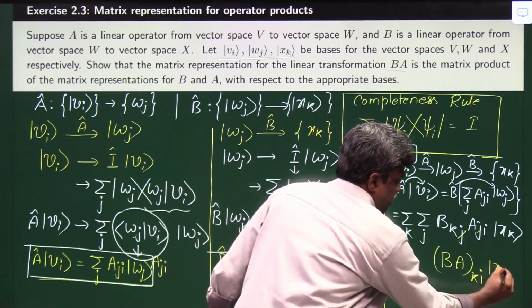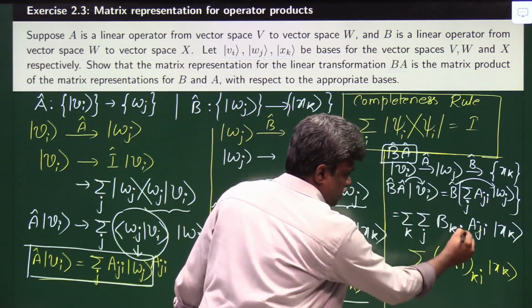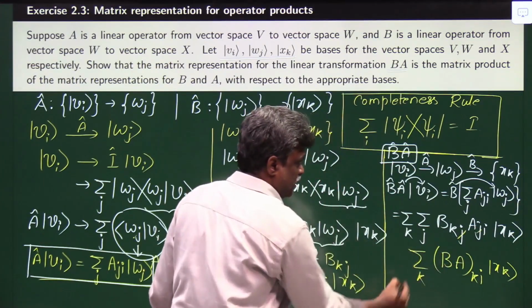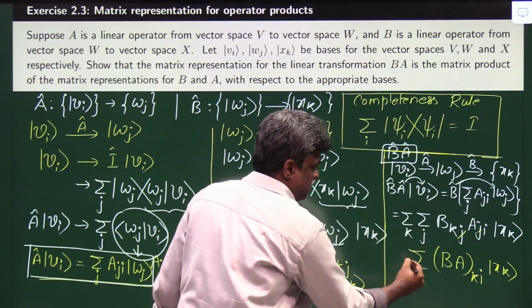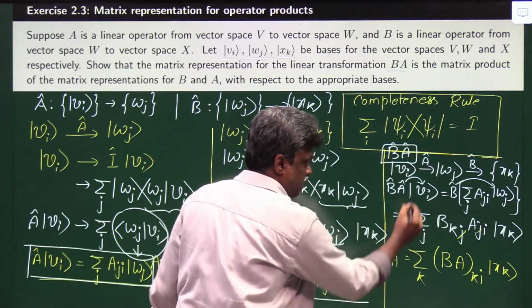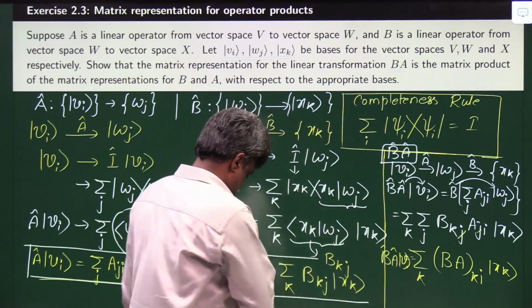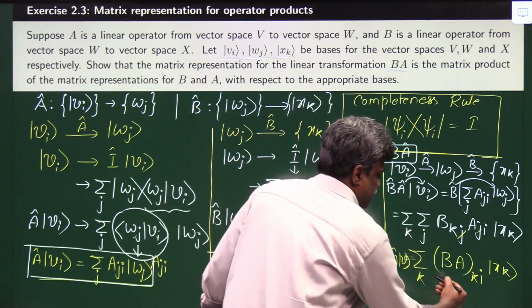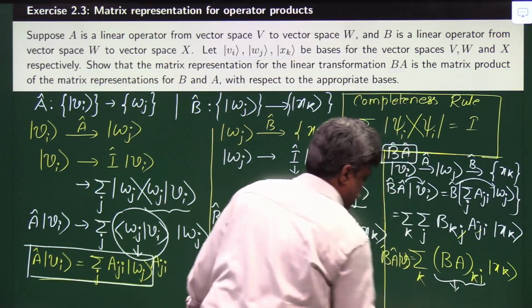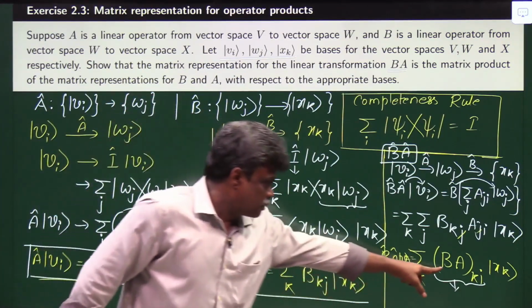So this is xk as usual, and the j is already cancelled, that's why this is a summation over k, and this is nothing but the combined operation BA operating on Vi. So here this represents the combined operation of BA as a matrix product.